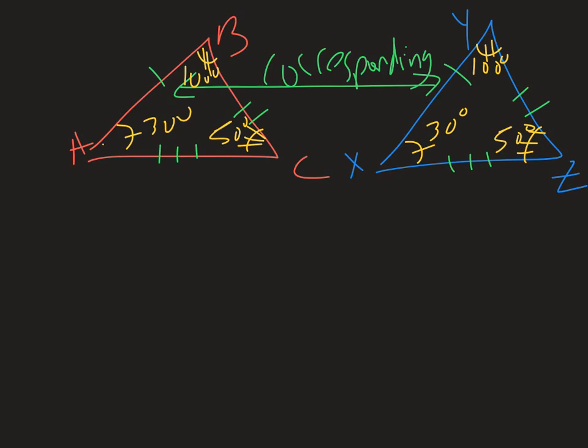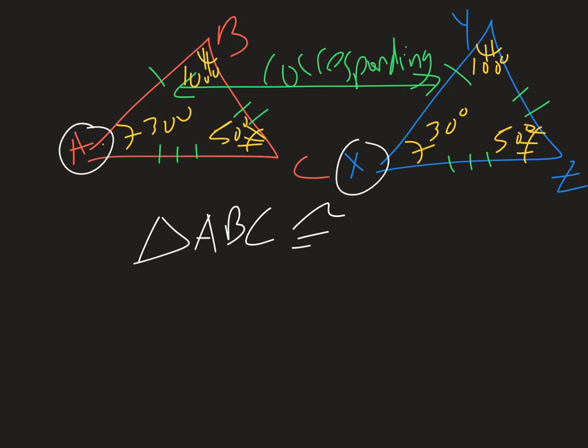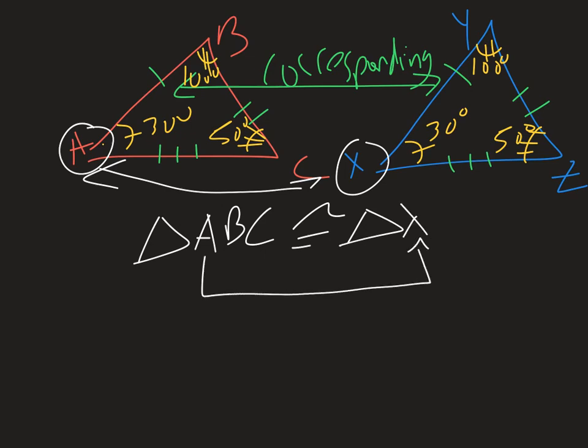Now, when we're writing a congruent statement, a shorthand for triangle is a little triangle like this. So triangle ABC is congruent to, and I have to be very careful with the order here. A and X are corresponding parts. So if A came first, X must come first in my congruent statement, so that these statements show these are corresponding parts.